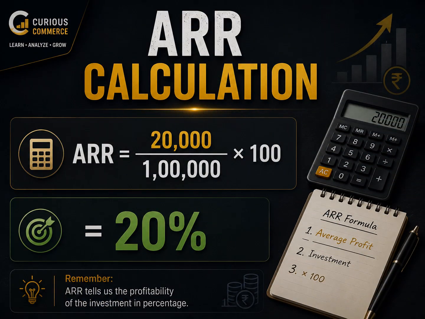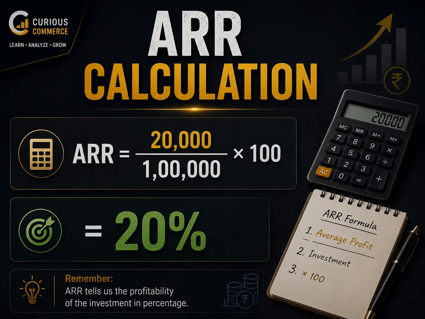Now the final calculation. ARR equals 20,000 divided by 1 lakh into 100. That is 20%. So ARR equals 20%. What does this mean? It means the project generates accounting return of 20% on investment.